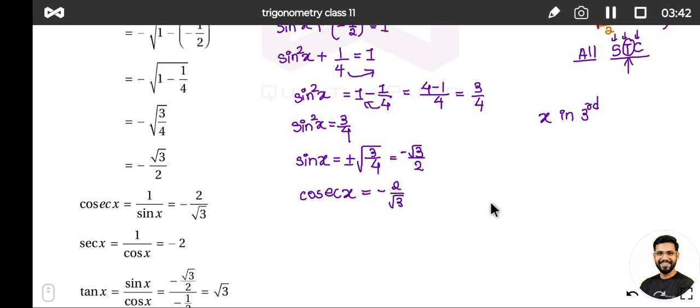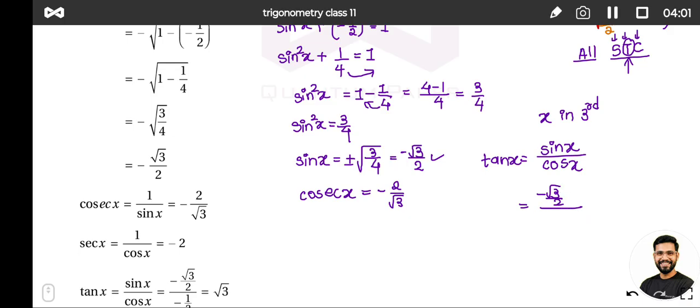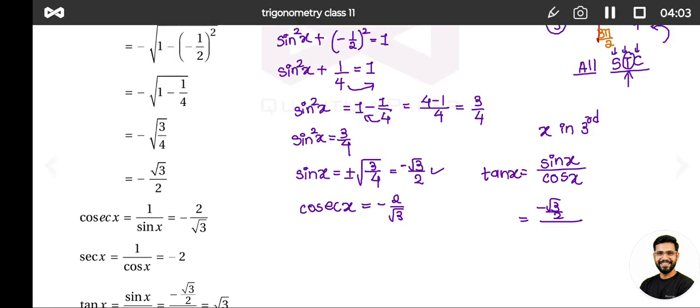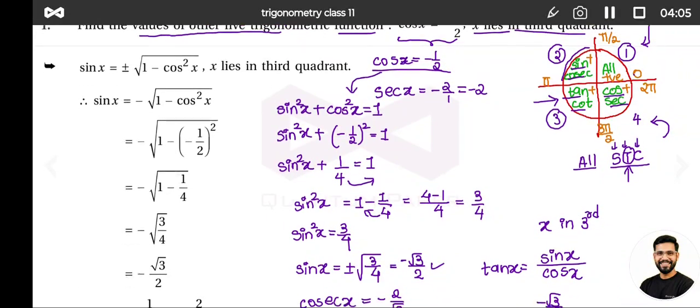Now tan and cot are remaining. So tan x is nothing but sin x upon cos x. The formula: tan x can be written as sin x upon cos x. So sin x is minus root 3 by 2, divided by cos x, which is minus 1 by 2.